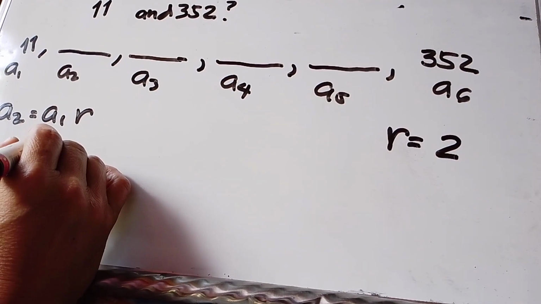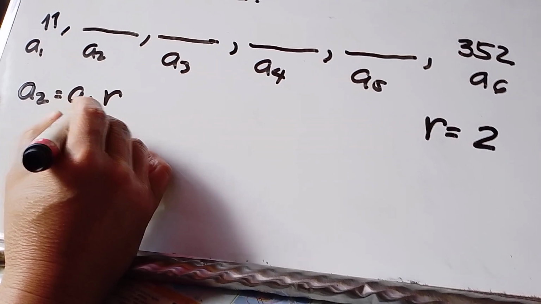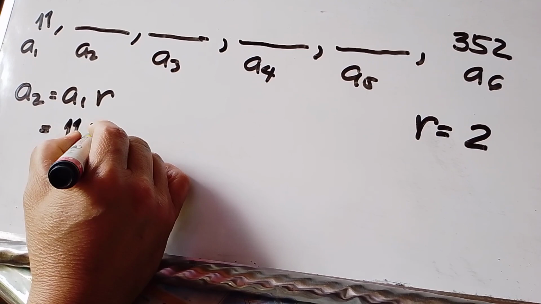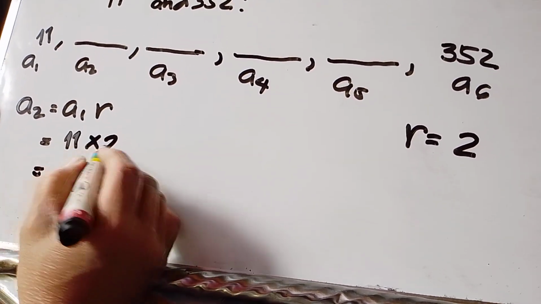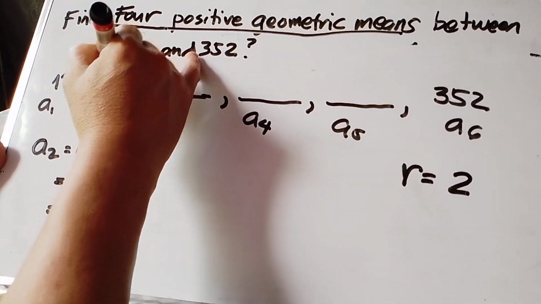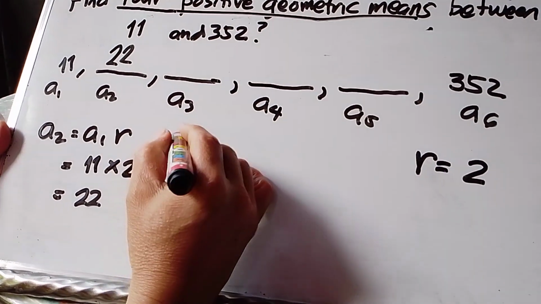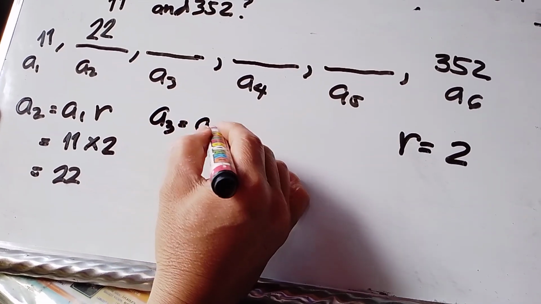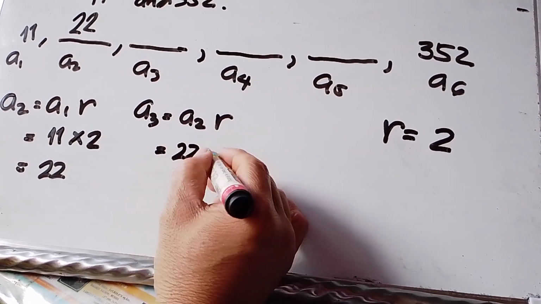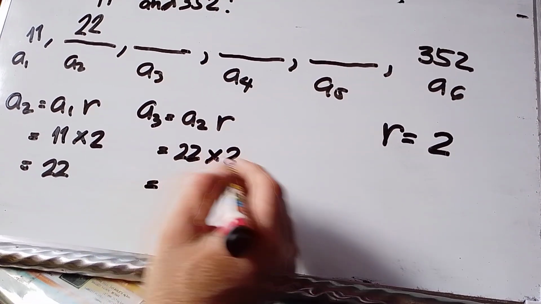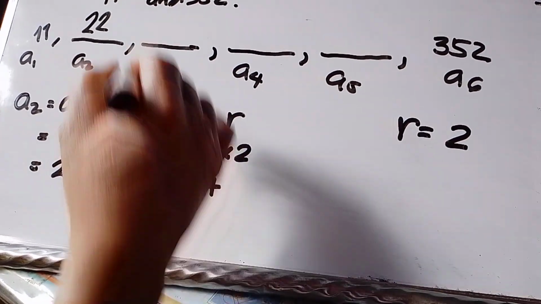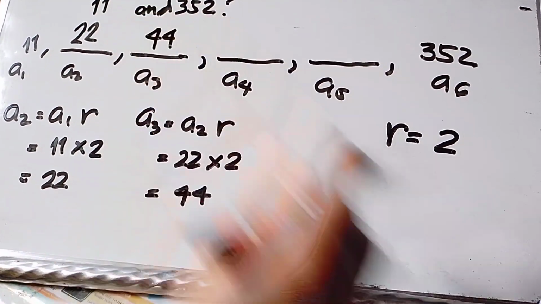My a sub 1 is 11, and my common ratio is 2. We know that 11 times 2 is 22. So my a sub 2 is 22. Next, a sub 3 is equal to a sub 2 times r. So a sub 2 is 22 times 2. By mental math, this is 4 and this is 4. So a3 is equal to 44.